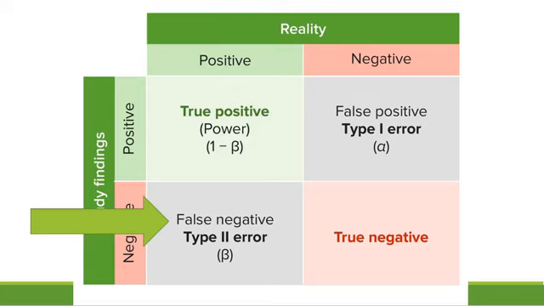But now errors can occur. What if the study reported negative findings or that there was no statistically significant finding? However, in reality, had there been an appropriate sample size, they would have found something. So this is a false negative.